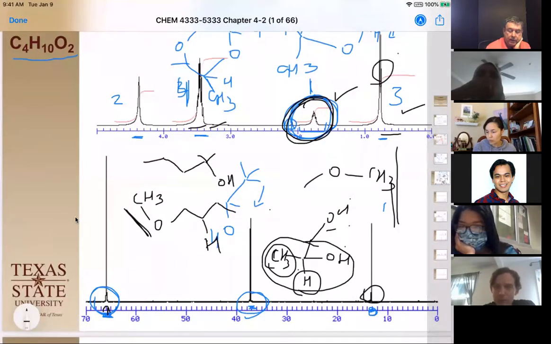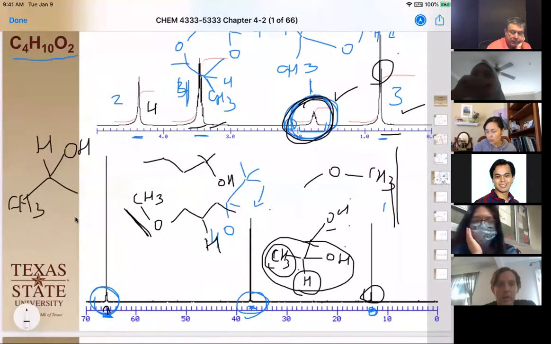So if we had 2 alcohols that were approximately equivalent, they would both be here. So I think our fragment is then CH2, CH2, OH.